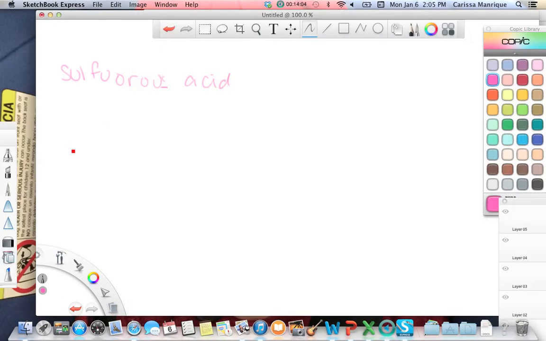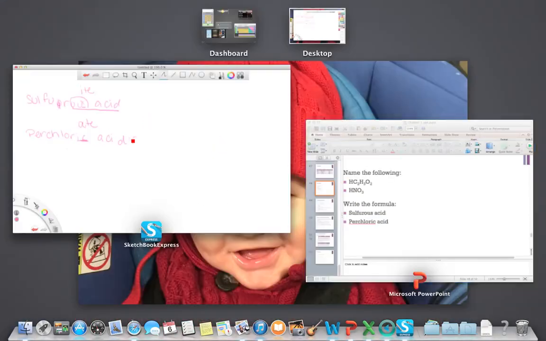Perchloric acid. Okay, since this was an -ous acid, I know its original was an -ite. And since this is an -ic acid, I know its original was an -ate. So let's look for sulfite and perchlorate on our chart.